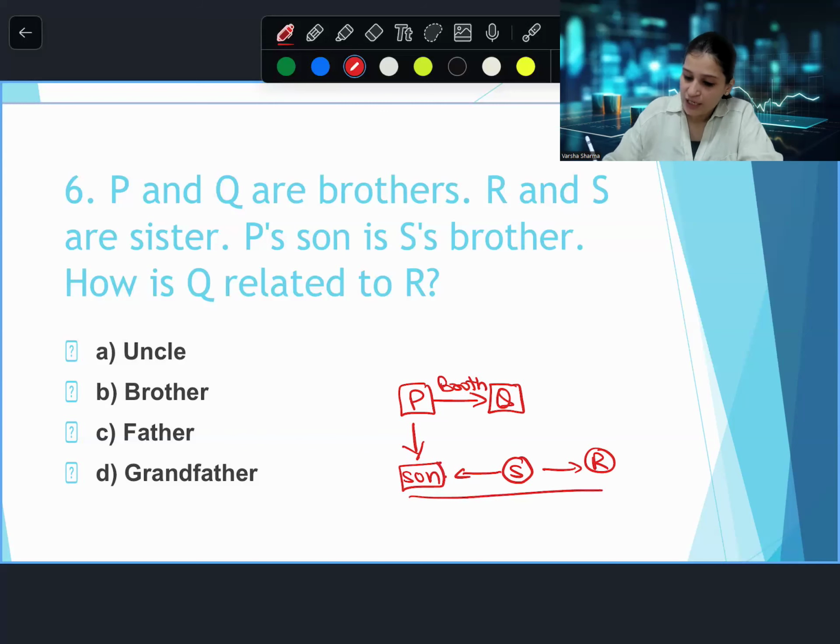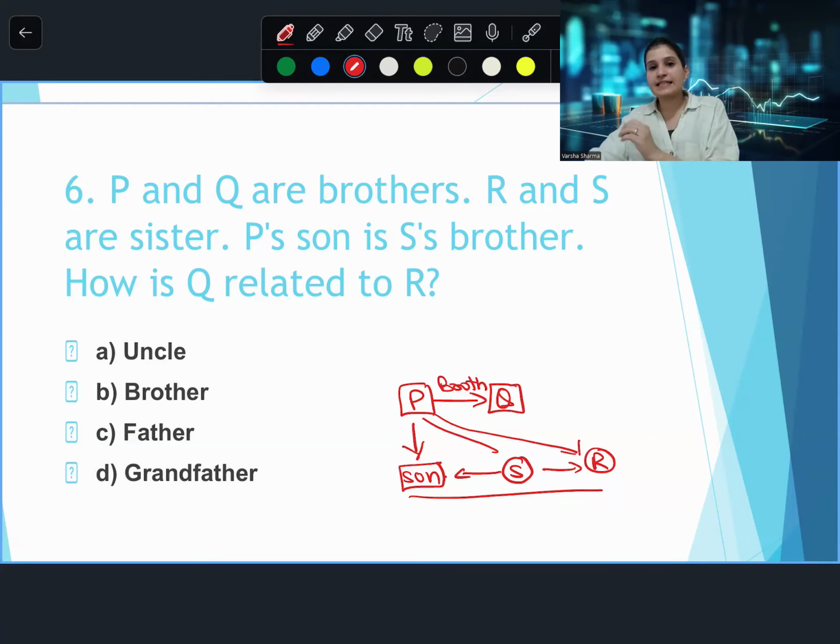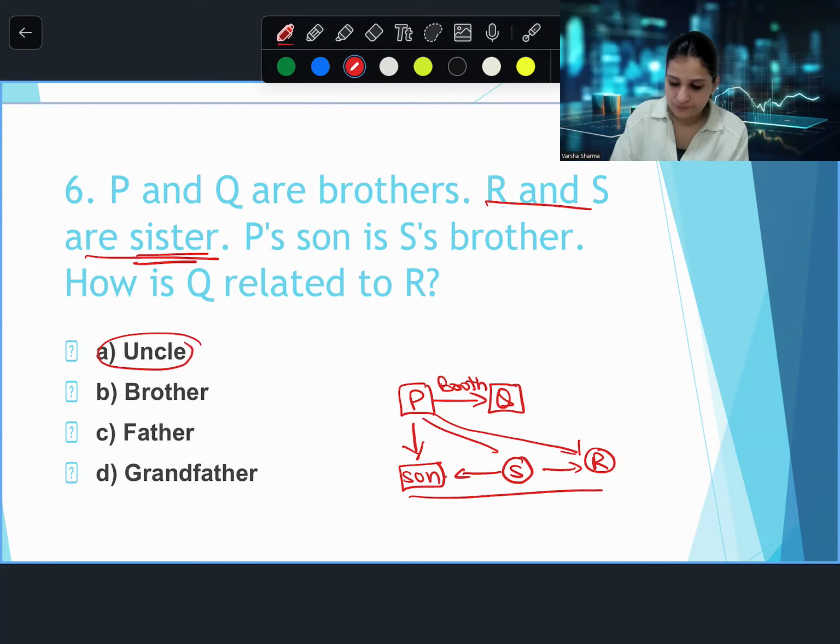That means all 3 are the children of P. S is female, as we already know. R and S are in the same generation, they are both sisters. And now we know that P's son is S's brother. That means S and R are the daughters of P. So Q is the brother of P. So Q will be the uncle.